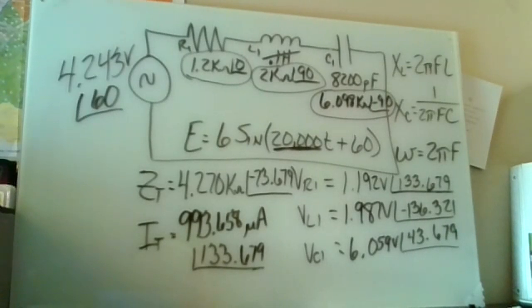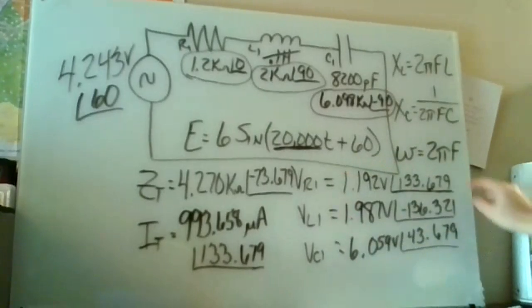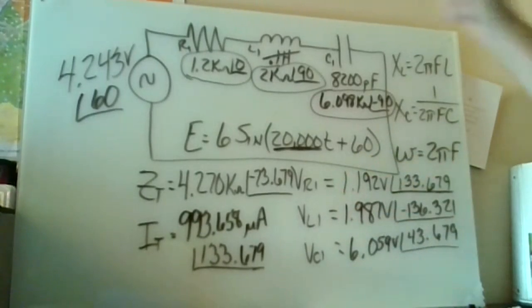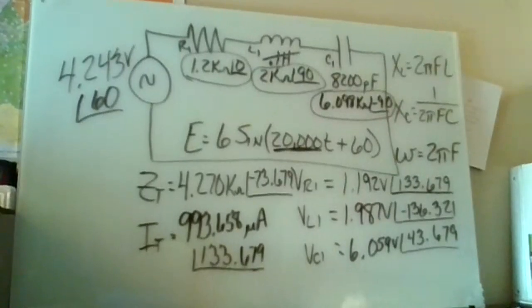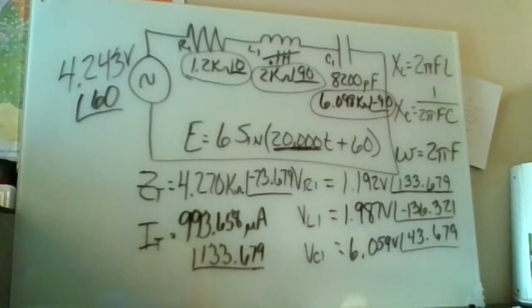So everybody got something pretty close to that. Then what you would do is add all three of these up and make sure you get 4.243 at an angle of 60 to make sure that they're correct.